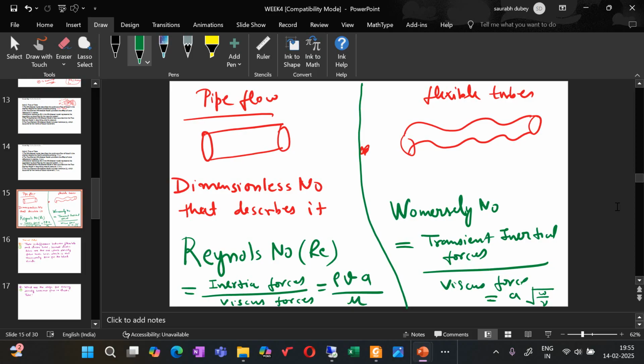So for the high Womersley number, low Womersley number, and intermediate Womersley number, there have been separate solutions for the pressure gradient and the velocity, and I think we also derived the shear stress distribution within the walls of the blood vessel.